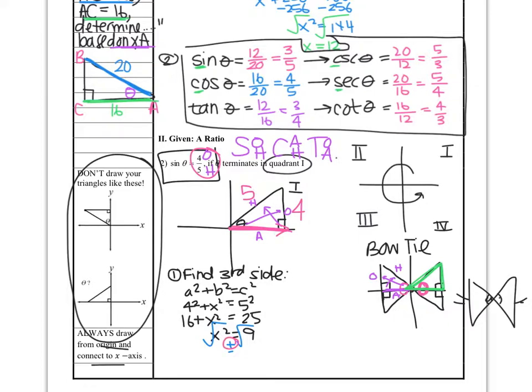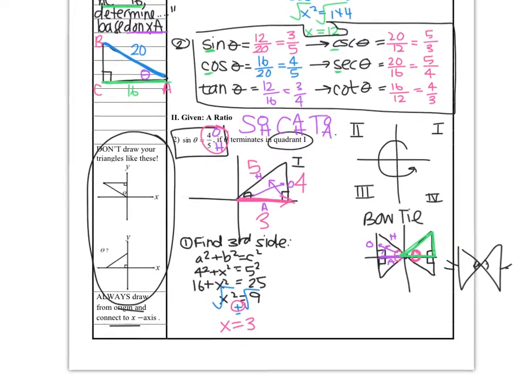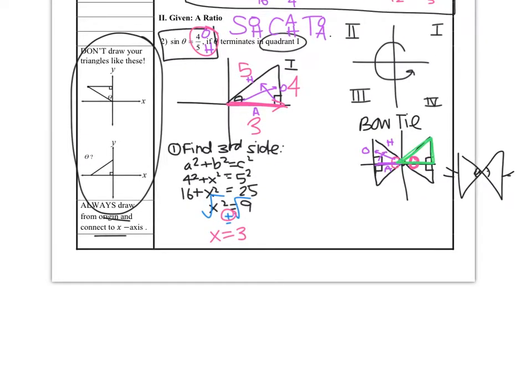Here it's positive because it's going to the right, so that means x equals positive 3. That gets plopped on there, and now we can find our remaining 5 trig functions. So here we've got step number 2. Sine theta was already given to us, so I'll just write it out real quick. That was 4/5. Cosine theta and tangent theta.